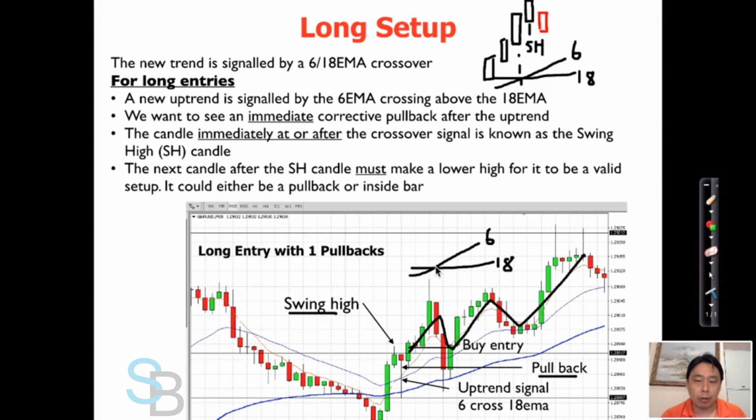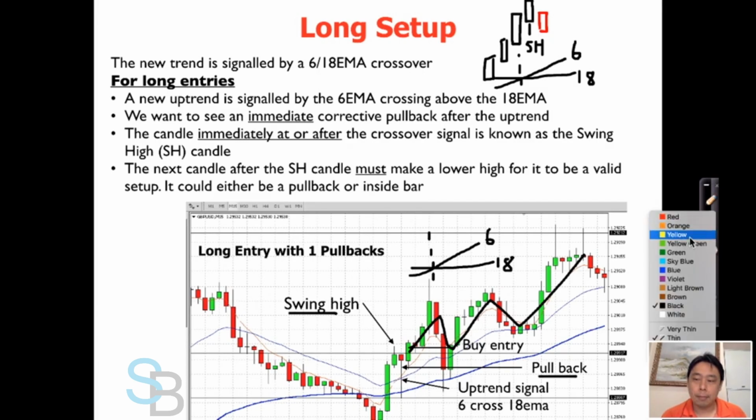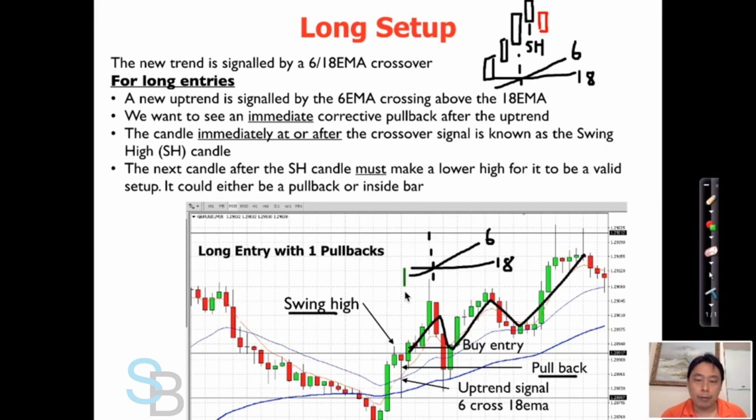This is the cross, the exact point of the cross. Say we have a candle over here, and right at the cross we have this candle. At this point, when the candle closes, you may think, hey, that's a swing high candle, because it's right at the cross.